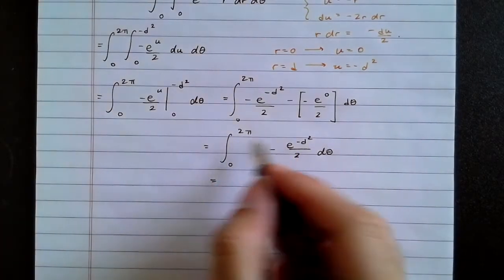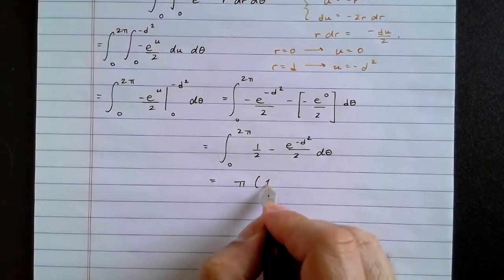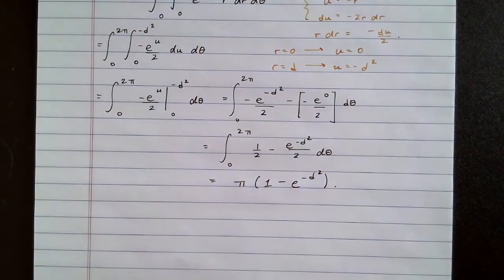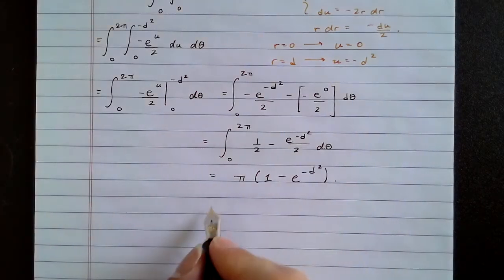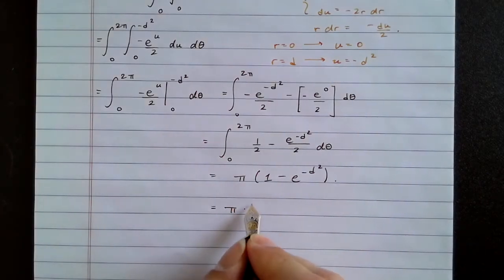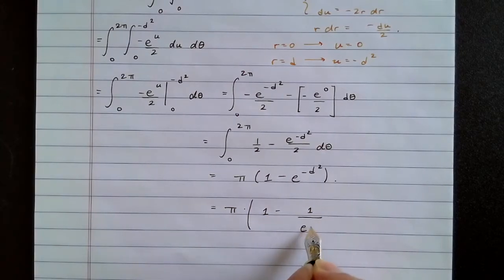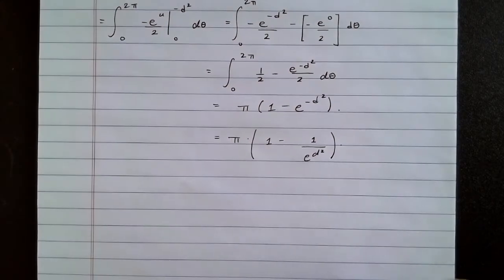So let's see that this is equal to pi times 1 minus e to the negative D squared, which we can rewrite as pi times 1 minus 1 over e to the D squared.